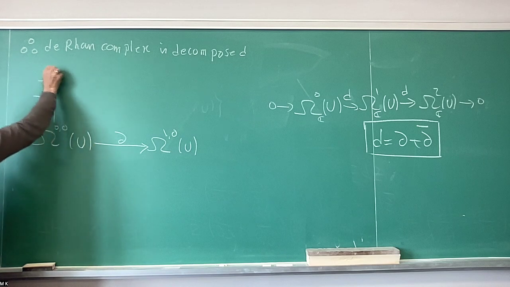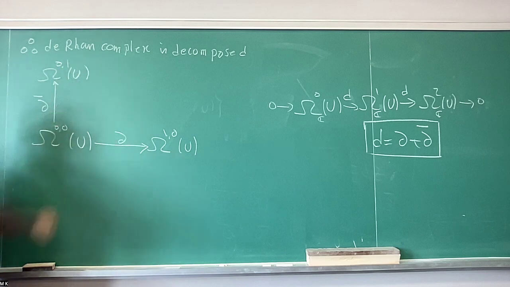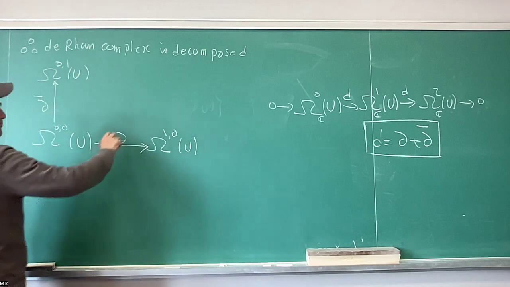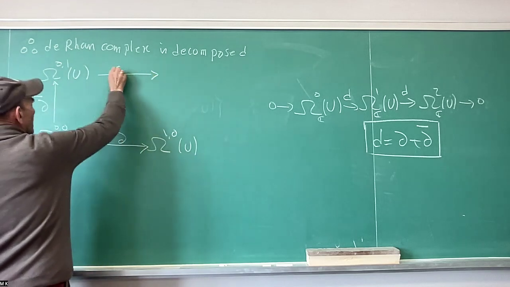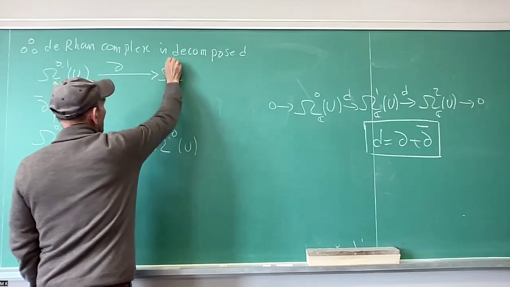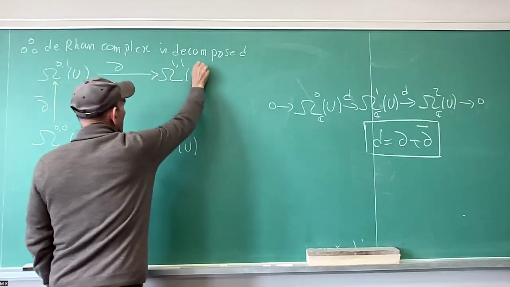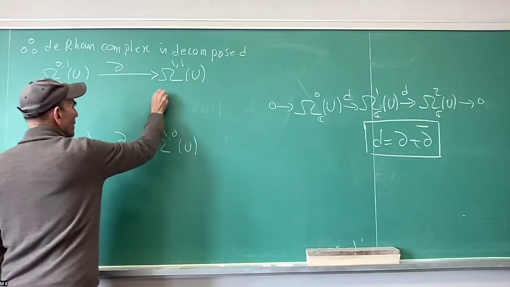And this is omega 0,1 of U. Then I go here again by del to omega 1,1 of U, and then here I go up by del bar.